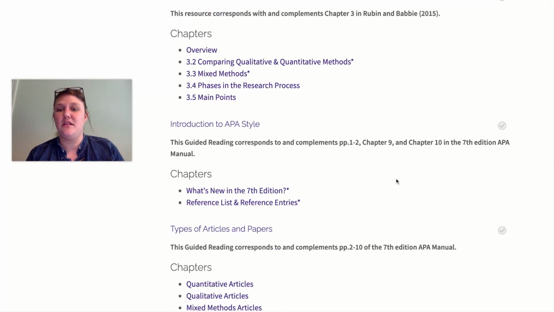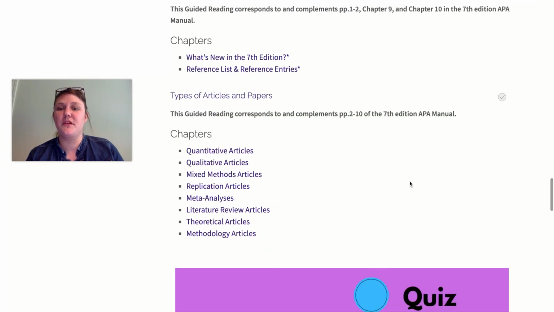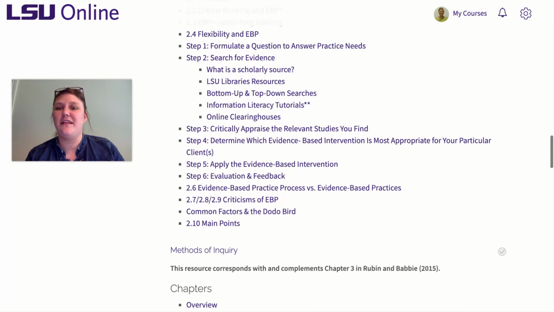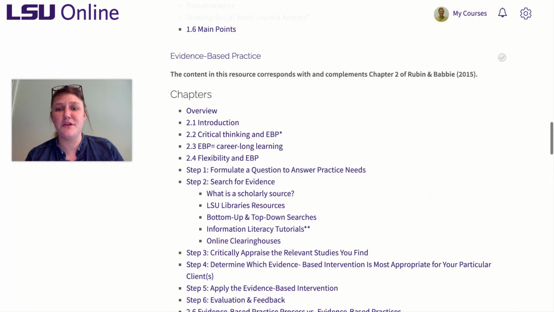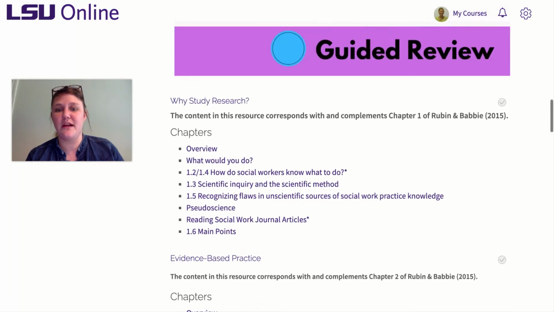And then Intro to APA Style corresponds with chapters 9 and 10 in the APA manual. And then we actually have 5 guided reviews. The 5th one is Types of Articles and Papers, and this corresponds with the first few pages of the APA manual. So let's see what it looks like whenever you click into one of these reviews.